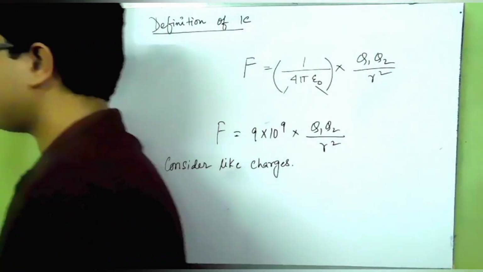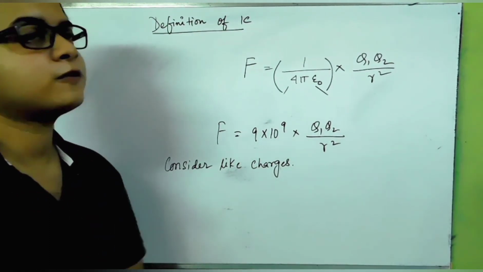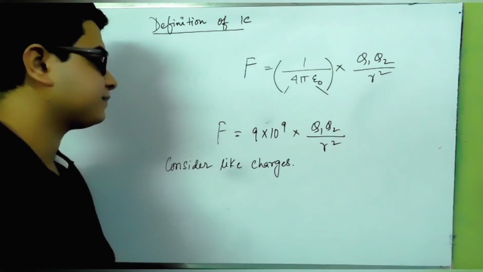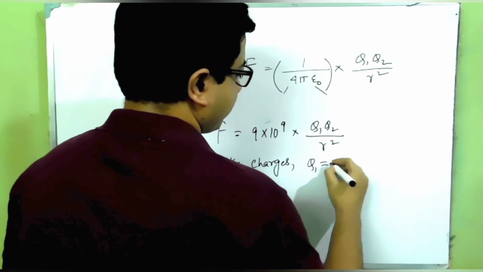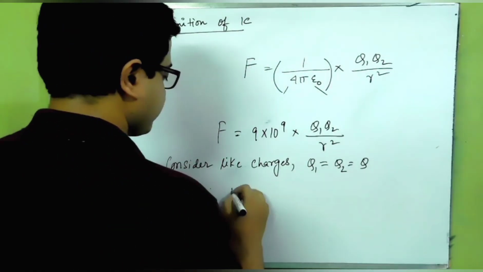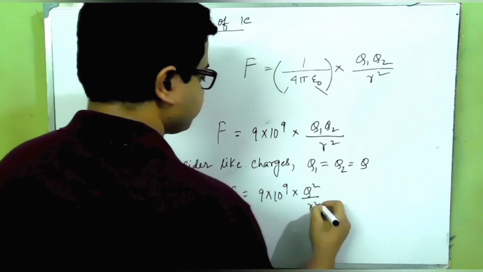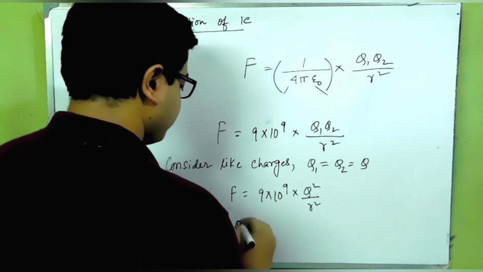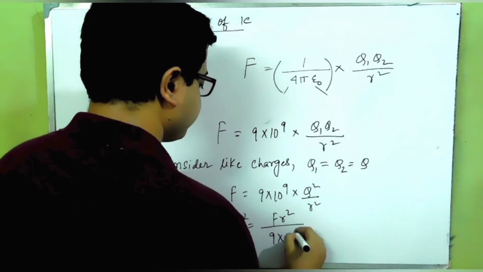So these are equal and similar charges, and of course equal and similar charges, or like charges, will repel each other. So let us consider the charge Q1 is equal to Q2 is equal to, say, Q. Then the equation is going to become F equals 9 into 10 to the power 9 Q square over r square. Cross multiplying r square, we get Q square is equal to F r square divided by 9 into 10 to the power 9.